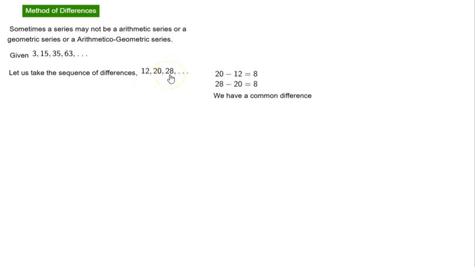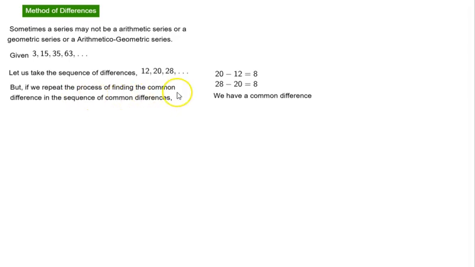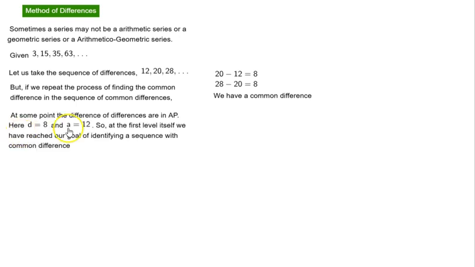But suppose it is not. Then if we repeat the process of finding the common difference in the sequence of differences, at some point the differences of differences are in AP. Now, of course, here we have found an AP in the first sequence of differences.